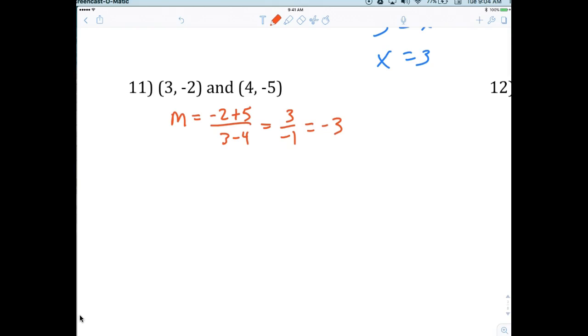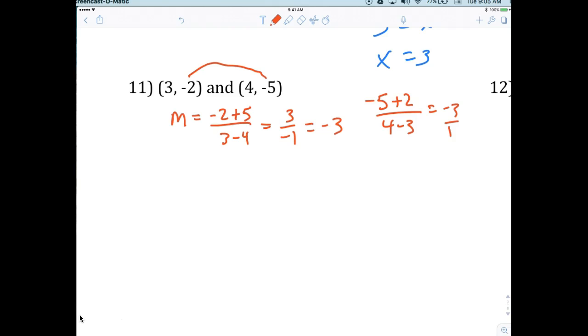I did negative 2 minus negative 5. If you do the other way, it's going to be negative 5 plus 2 over 4 minus 3, which is negative 3 over 1.